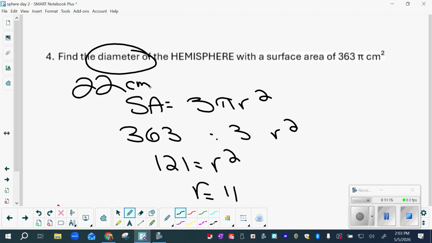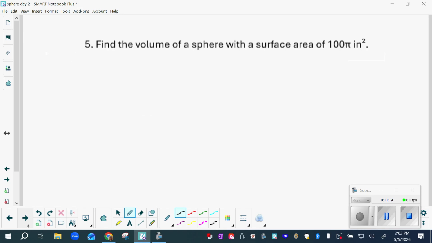Okay, last thing. In this class, we're doing it. Here's what I want. I want you to get the radius of this sphere right here, and then take that radius and plug it in here.